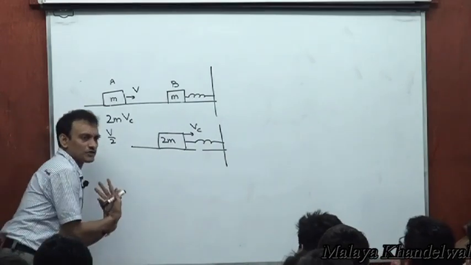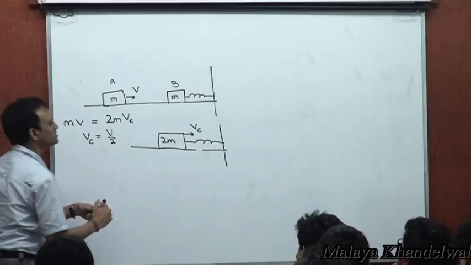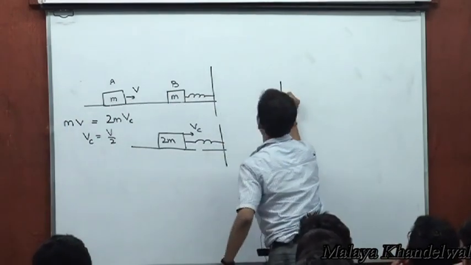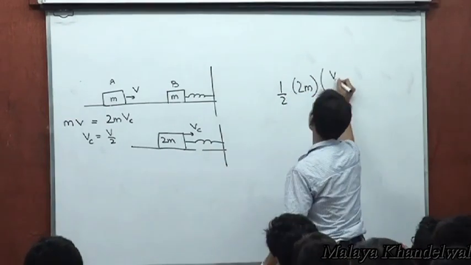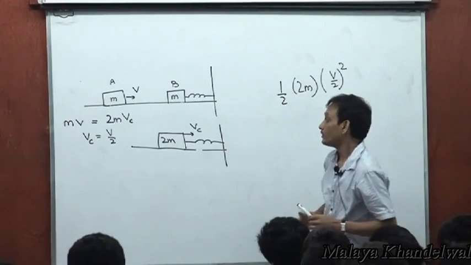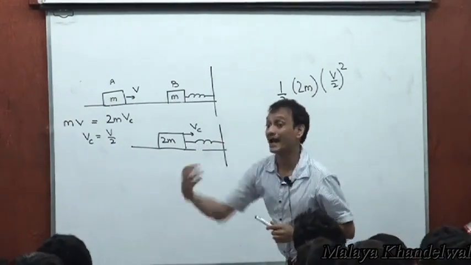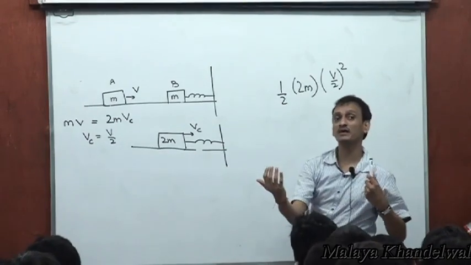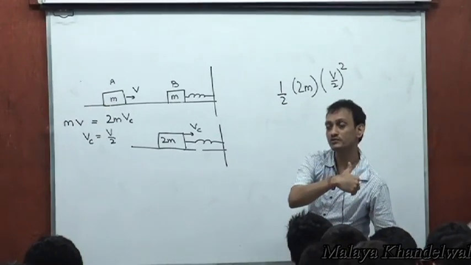So just after collision, what's the total energy that the system houses? Half of 2m into vc squared, where vc means v by 2 whole squared. Now the spring begins to compress, hogging up kinetic energy. The spring gets more and more compressed, and the kinetic energy continues to dip.